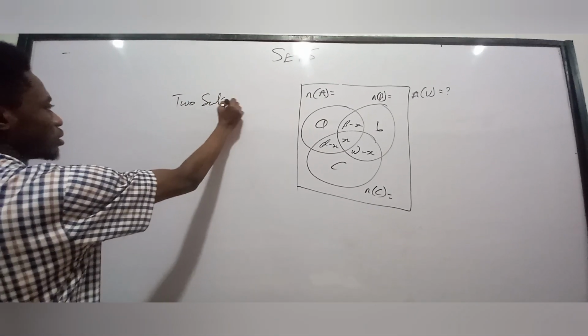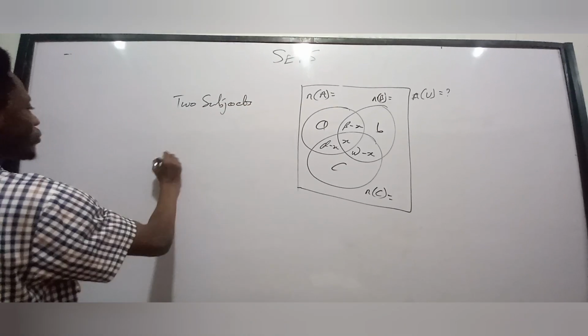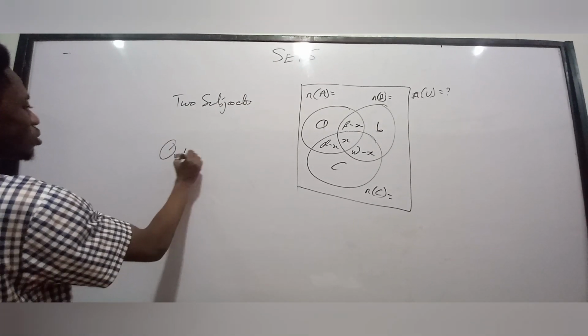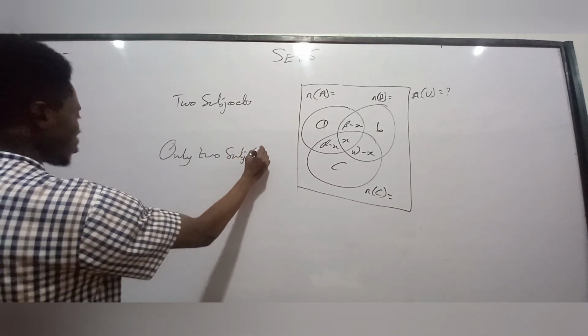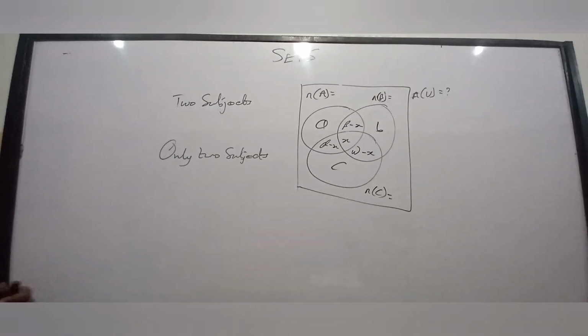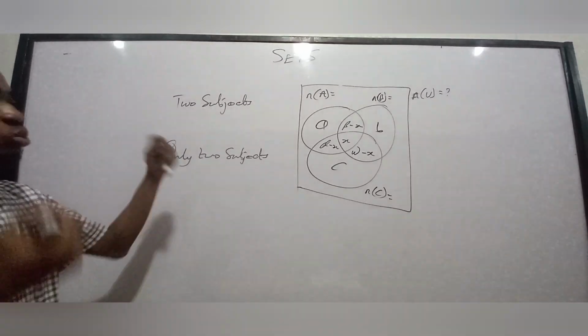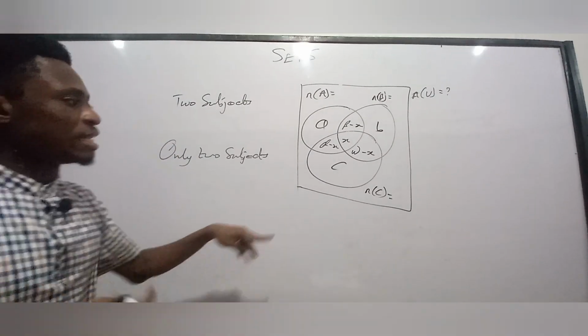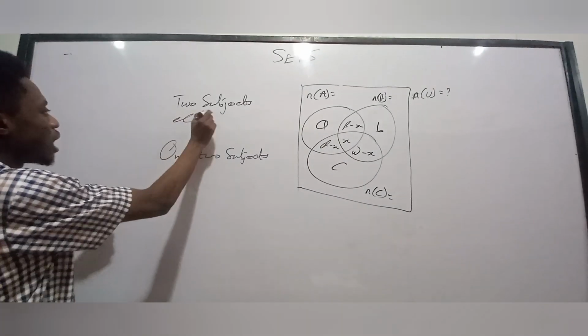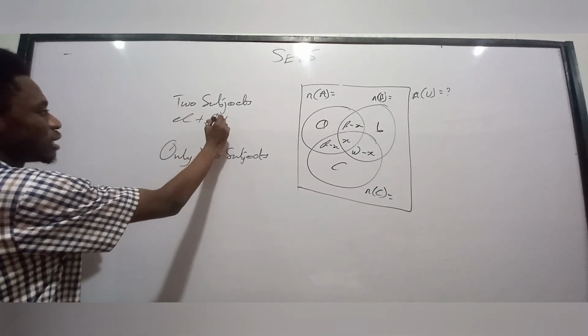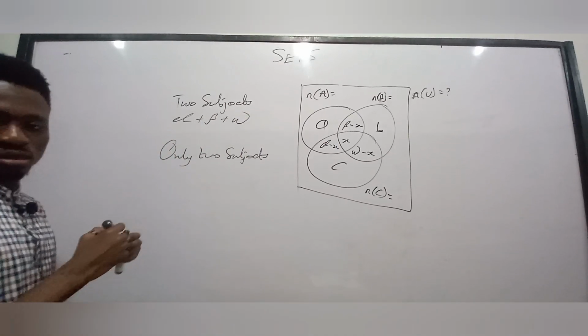subjects, and we have something we call only 2 subjects under 3 sets. So the 2 subjects I'm talking about is this, that, and this. So that's the alpha, the beta, and the omega sign.